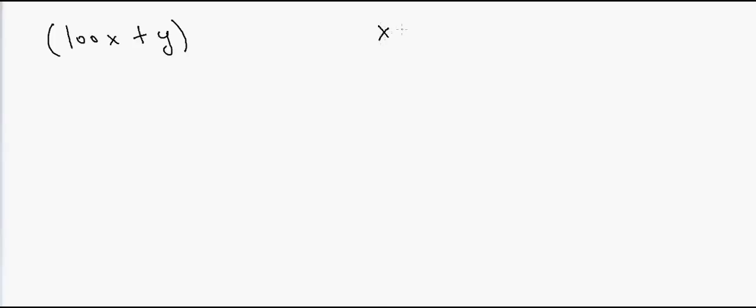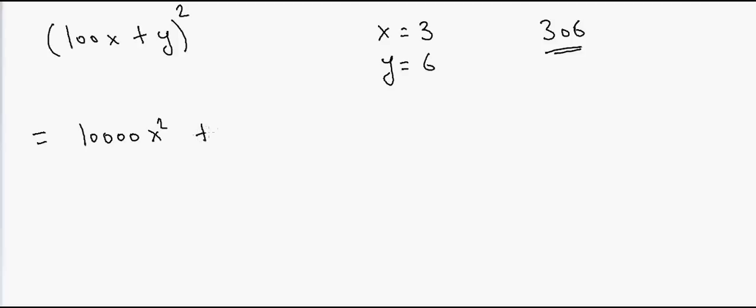So if x is equal to 3 and y is equal to 6, then it will be 306, right? Now if I need to square this number, it will be equal to 10,000x square plus 200xy plus y square.